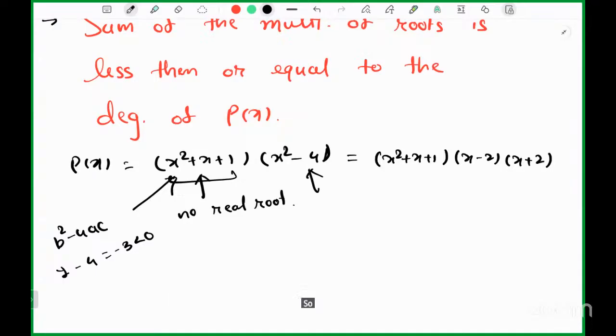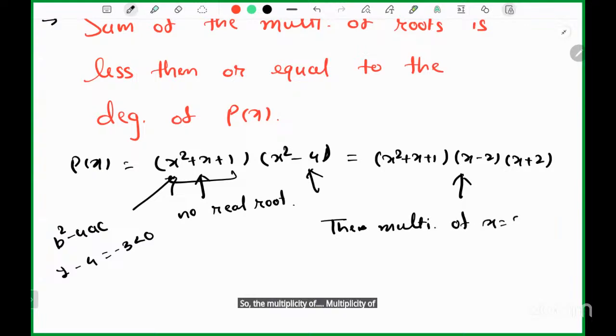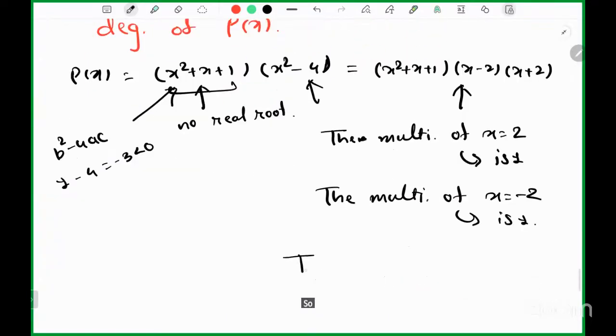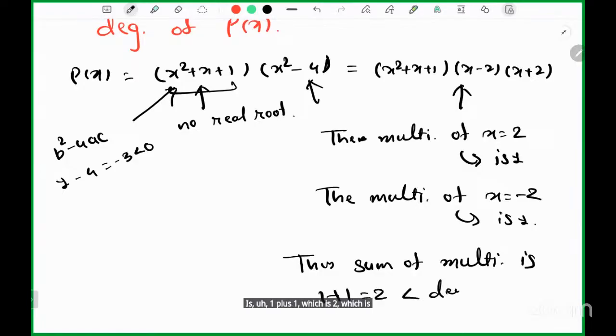So the multiplicity of x equals 2 is 1, and the multiplicity of x equals minus 2 is also 1. Thus the sum of multiplicities is 1 plus 1, which is 2, strictly less than the degree of polynomial p of x.